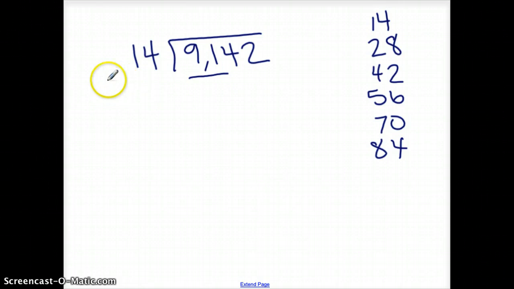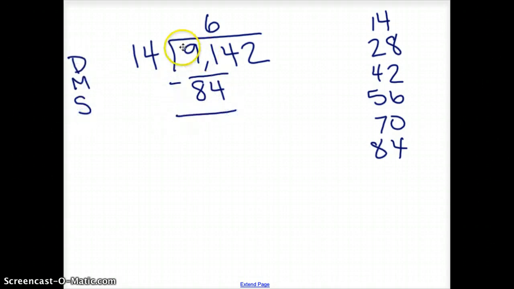How many times does 14 go into 91? That would be 6 times, because that's 84. So I divide, then I multiply, now I subtract. This becomes an 8, my 1 becomes an 11. 11 minus 4 is 7. Then my B stands for bring down, so now I have 74.